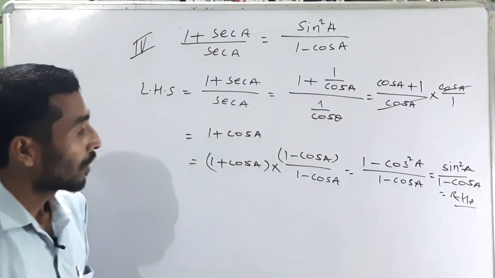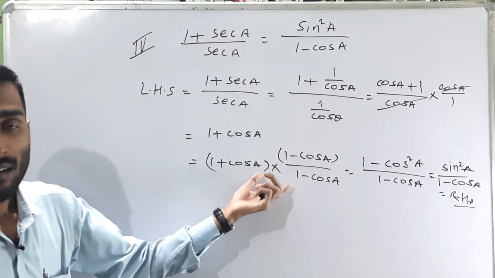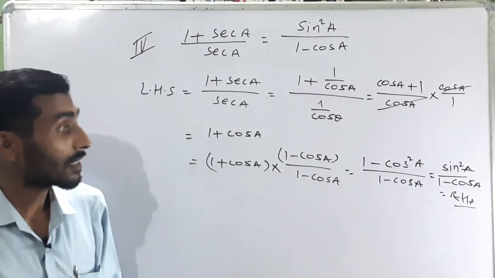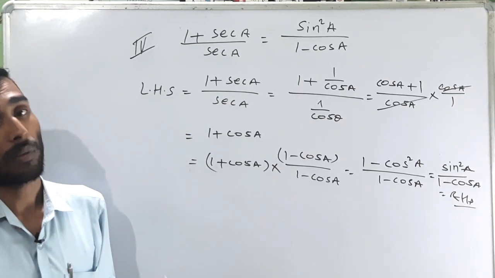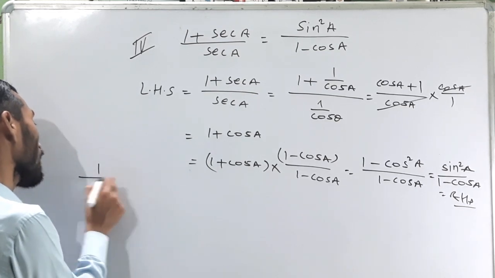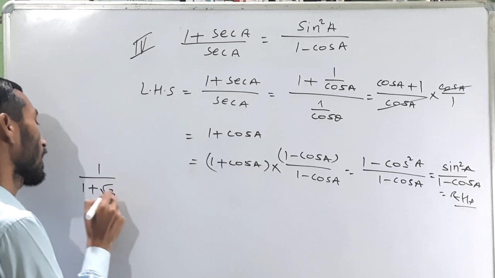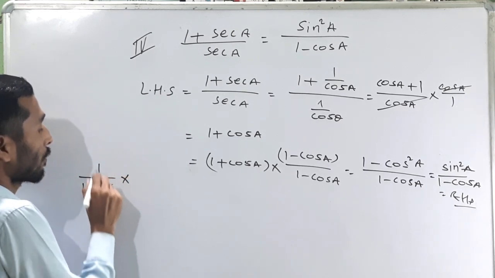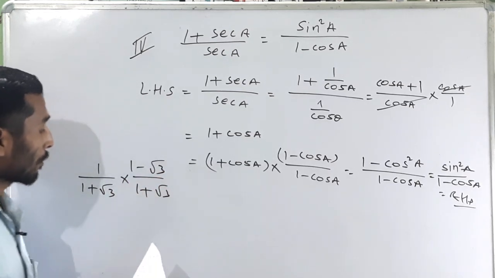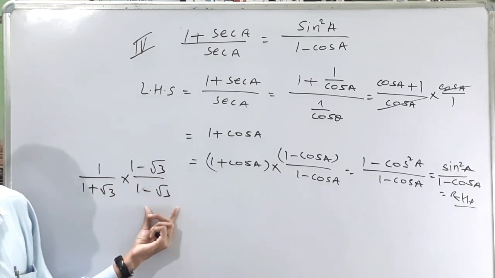So this is like you are doing rationalization, right? Do you remember that in 9th class you read rationalization of denominator and rationalization of numerator? What we have done there is, if 1 plus root 3 was written in the denominator, we multiplied both numerator and denominator by (1 minus root 3) by (1 minus root 3), because after doing that we get (A plus B) into (A minus B).